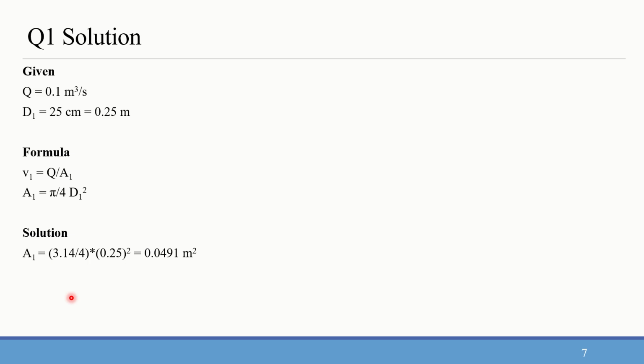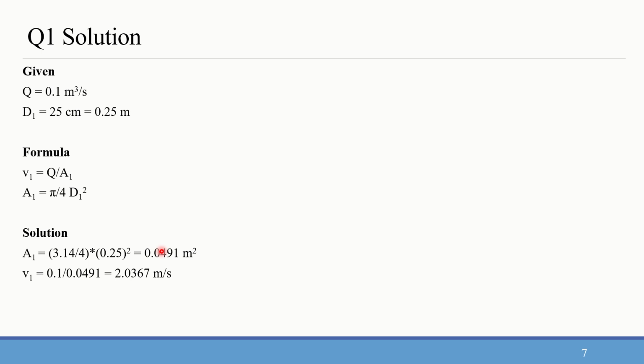After we got the cross sectional area, what we need to do is put it back in the original velocity formula. V1 is equal to Q by A1. Q is the same at the inlet and the outlet. So V1 is equal to 0.1 divided by 0.0491.